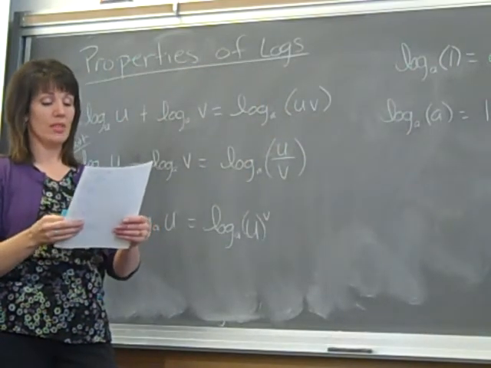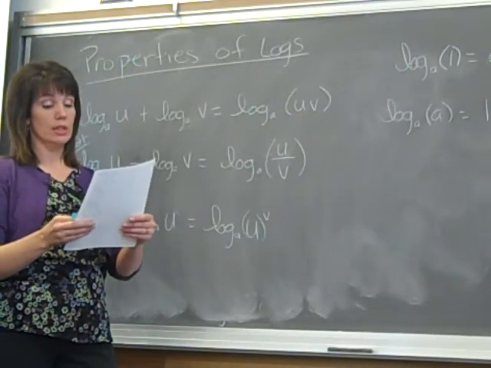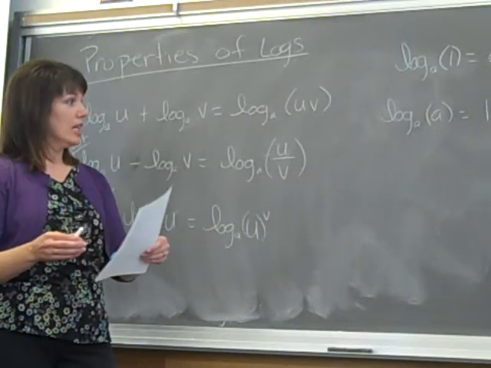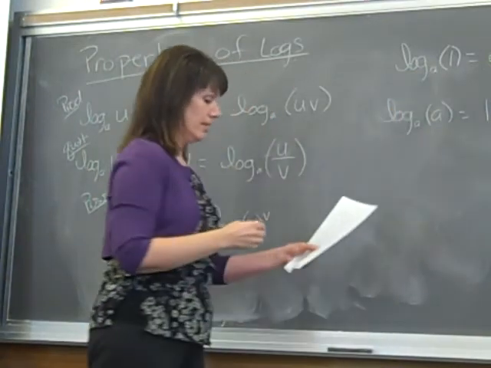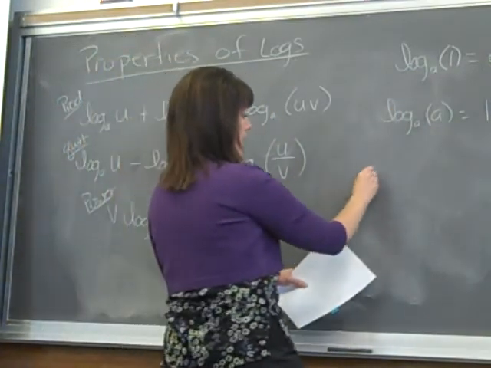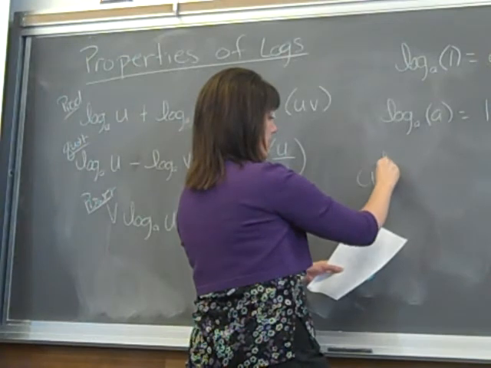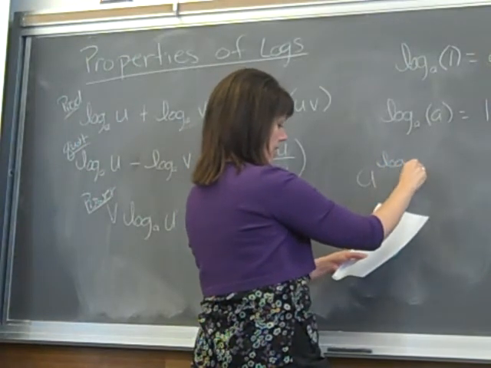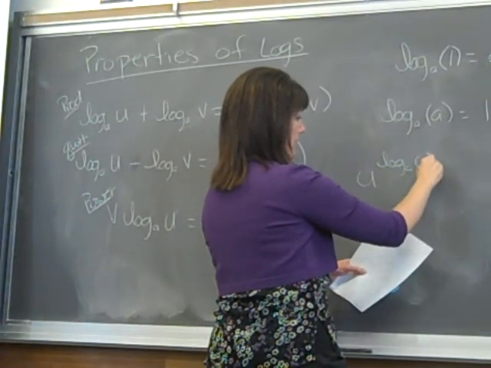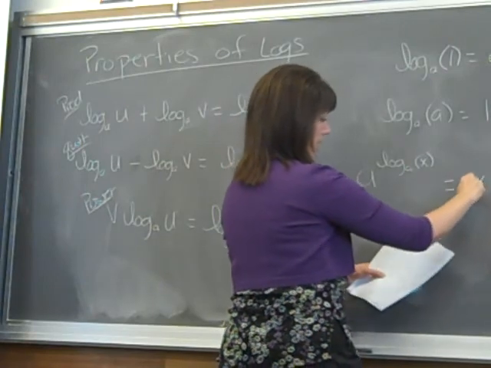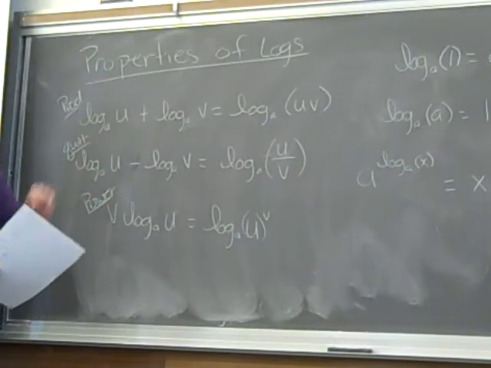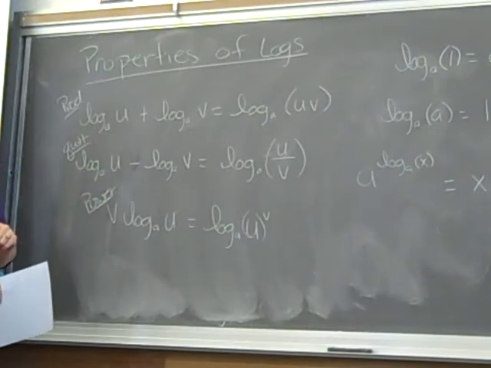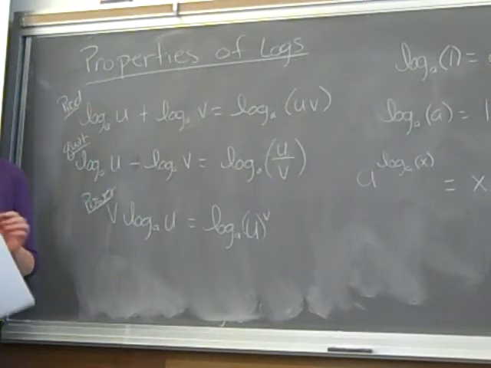There are proofs to all of these that I'd love to show you. And then we have A raised to the log base A of x equals x. So you should have 6 different rules right there.